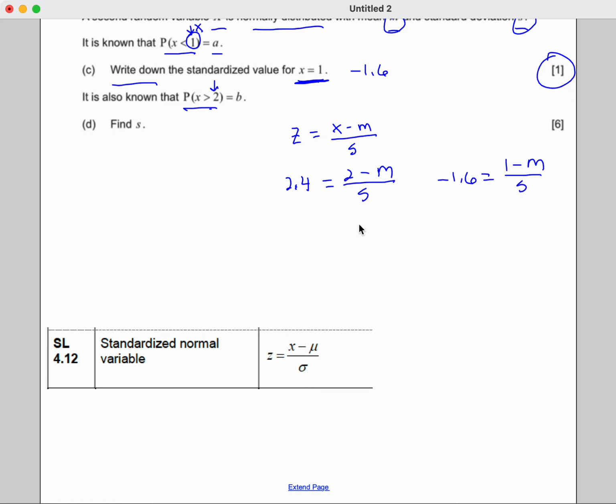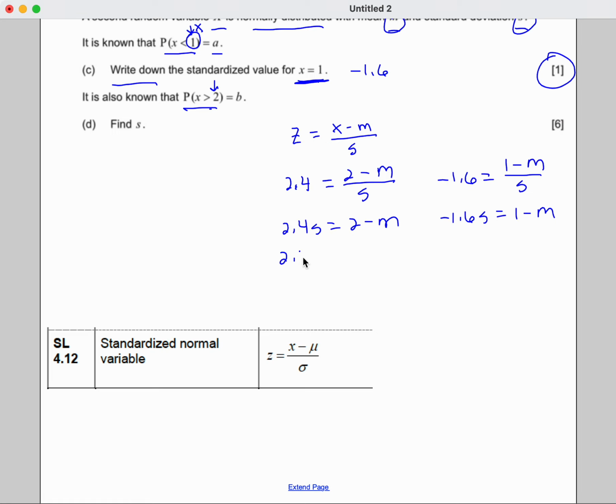If I multiply both sides by s here, I get 2.4s equals 2 minus m. And here I get negative 1.6s equals 1 minus m. I'm solving for s, so all I have to do is solve for m and plug it into one of these. I'll do this one.